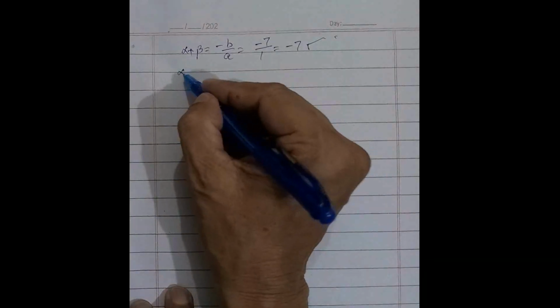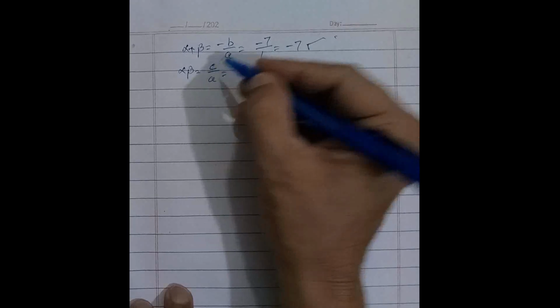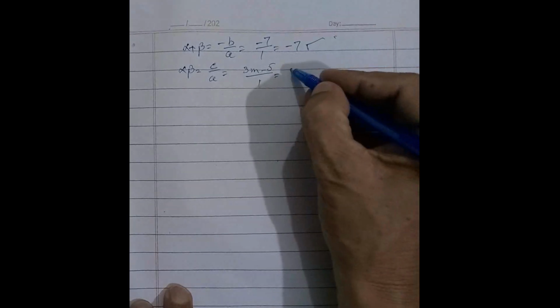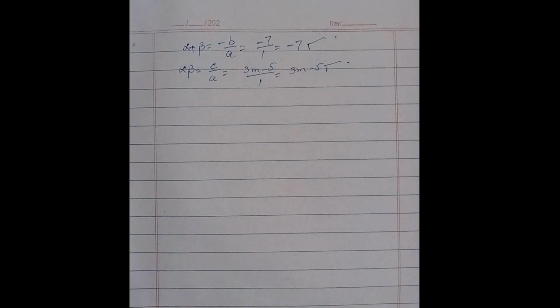And the other is the product, alpha beta, which is c over a. C is equal to 3m minus 5 over 1, which is equal to 3m minus 5, and it is the product of the roots. And the condition of the question is the roots of the equation x square plus 7x plus 3m minus 5 is equal to 0 satisfy the relation 3 alpha minus 2 beta is equal to 4.